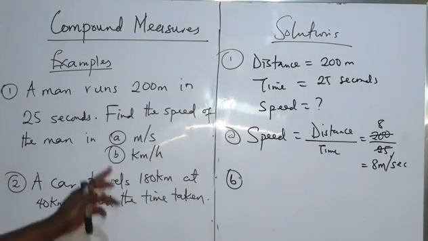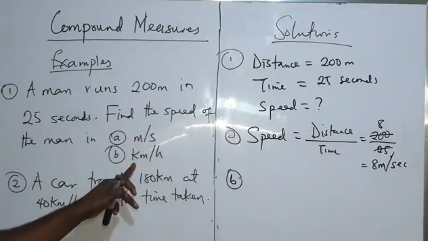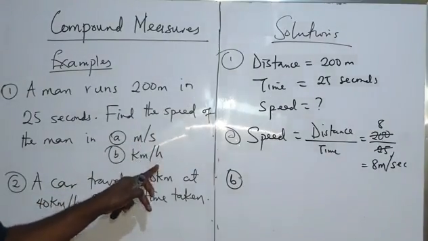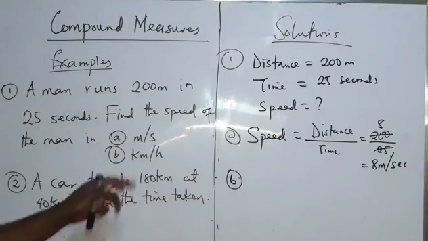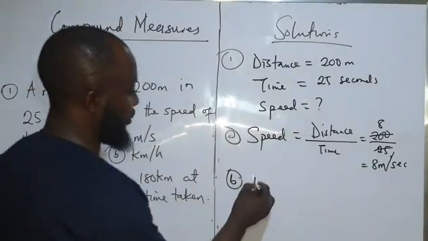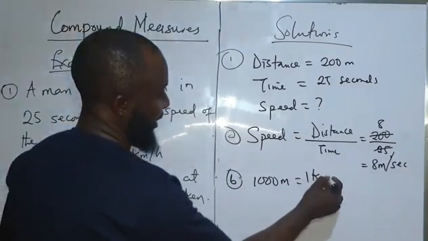The first one is that we convert these meters to kilometers. Then we convert seconds to what? To hours. Right. So how many meters make 1 kilometer? It is 1,000 meters that will give us 1 kilometer, right?